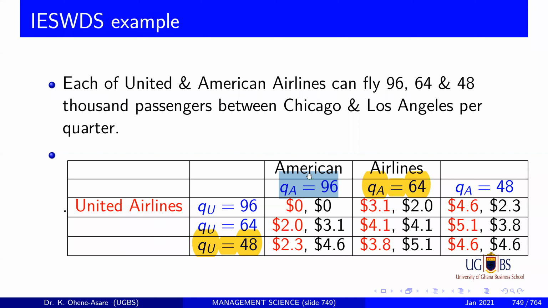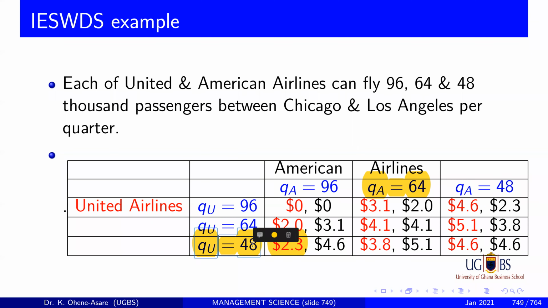Let me repeat that. If American goes for 96, United has the choice of 96, 64, 48. If he goes 96, he's going to get 0. If he goes 64, he's going to get 2. If he goes 48, he's going to get 3. So he will go for 48, because it is better than all his other returns.